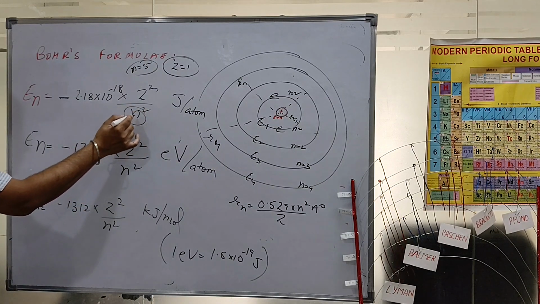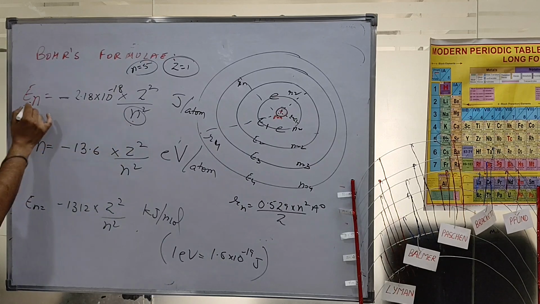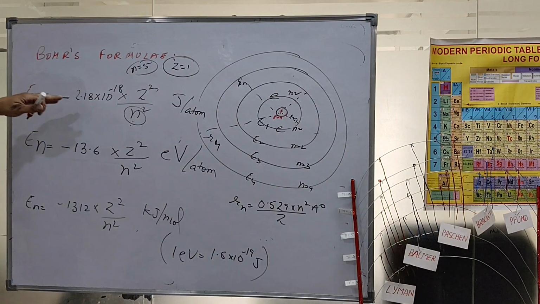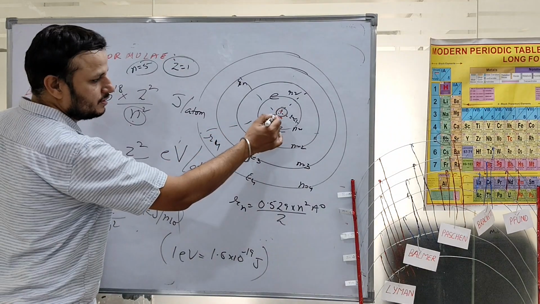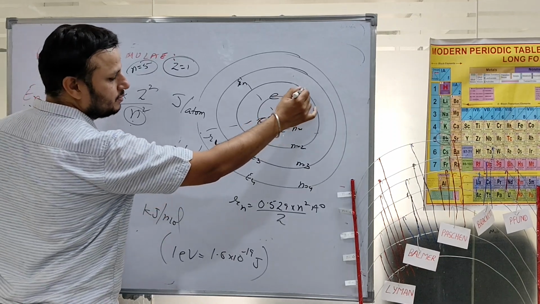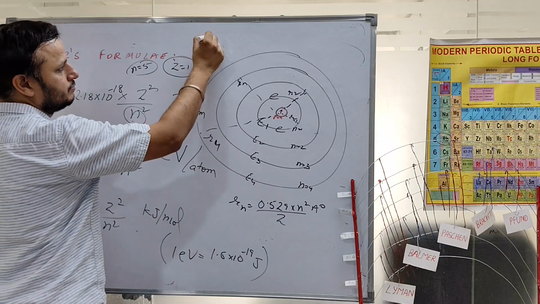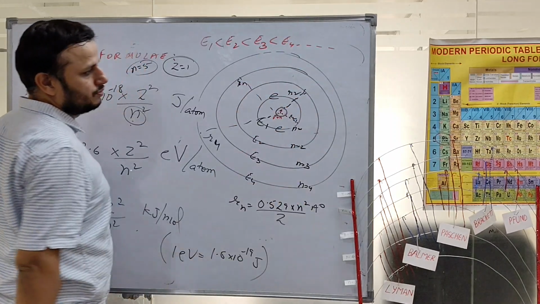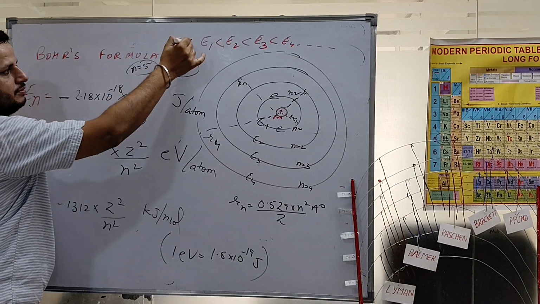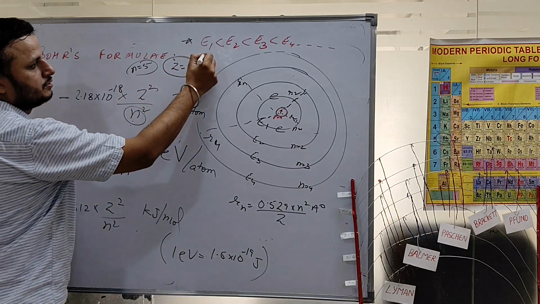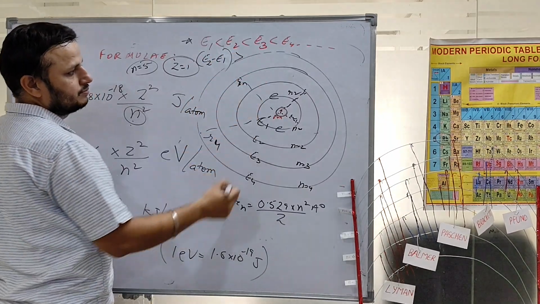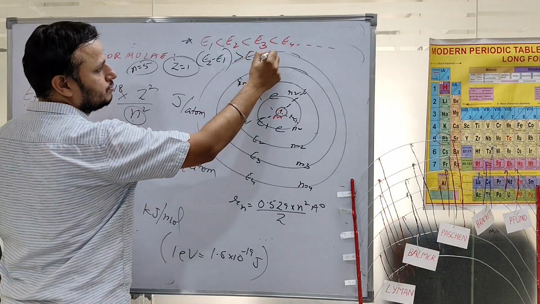तो जैसे जैसे शेल नंबर बढ़ेगा, जैसे जैसे n बढ़ेगा तो वैल्यू नेगेटिव में कम होती जाएगी, कि जैसे जैसे रेडियस इंक्रीज होता है इलेक्ट्रॉन की एनर्जी भी इंक्रीज हो रही है, कि E1 is less than E2, E2 is less than E3, E3 is less than E4, and so on. एक तो ये याद रखना है, and then the difference of E2 minus E1 is greater than E3 minus E2.